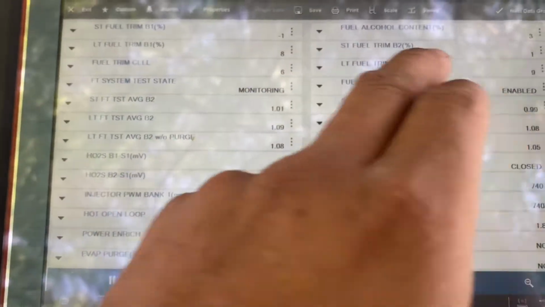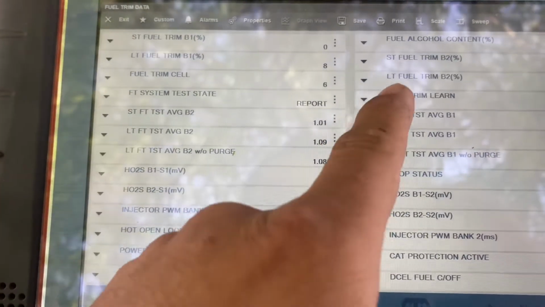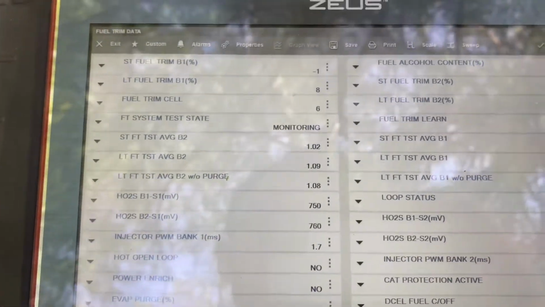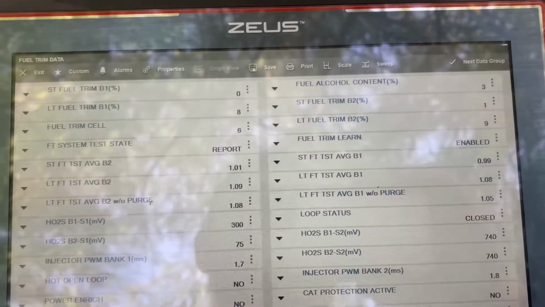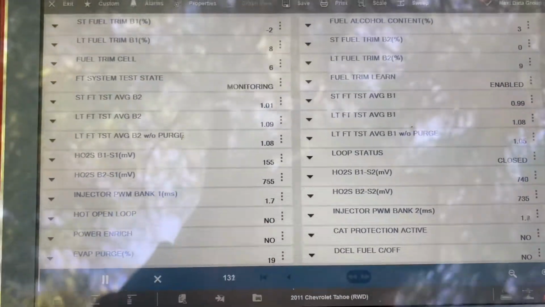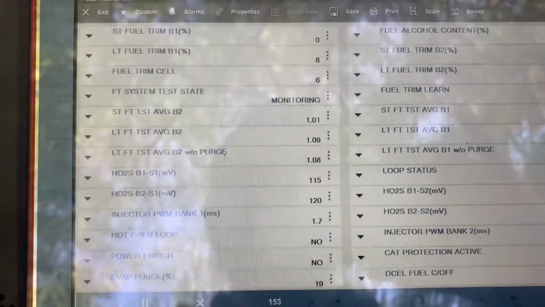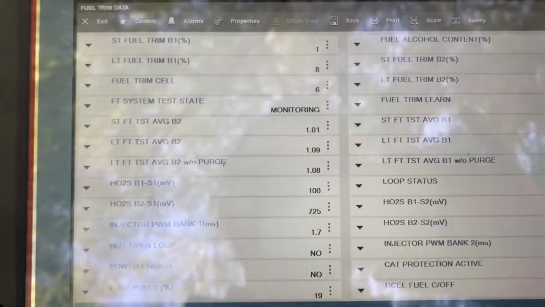My short-term fuel trims, they corrected. Long-term fuel trims, they were at -28. And right now, it's on the verge of going from lean to rich, especially on bank 2.